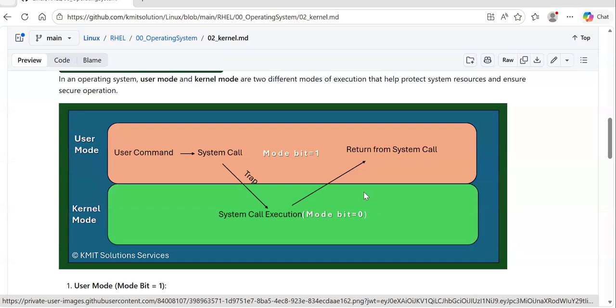At that time, the mode bit is 0. It means it is handling a trap or system call. Once the execution is done, the mode bit is changed to 1 and it returns to the system call with the output. So this is how internally user mode and kernel mode work. User mode, where you write the command, kernel mode, where those commands actually get executed.